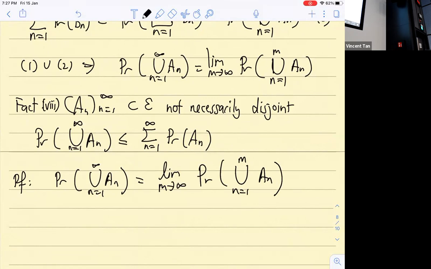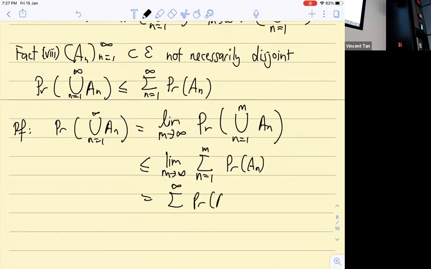But this one is less than or equal to the limit, with m running to infinity, of the sum running to m of the probability of An, n equals 1, and this is defined as the sum up to infinity of the probability of An, by stringing together the previous results.